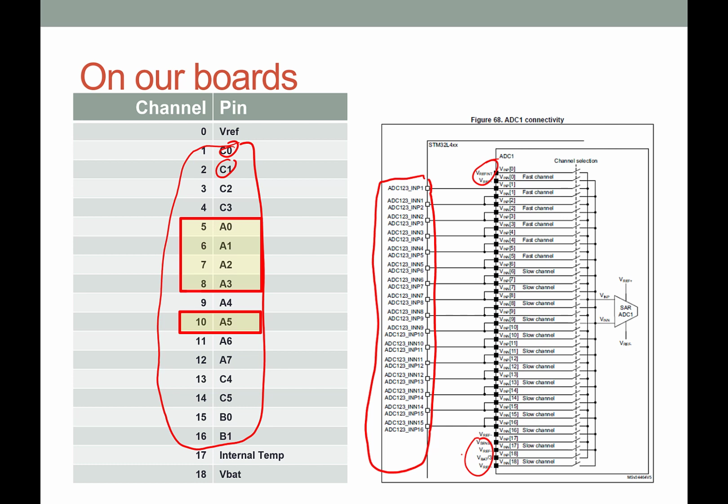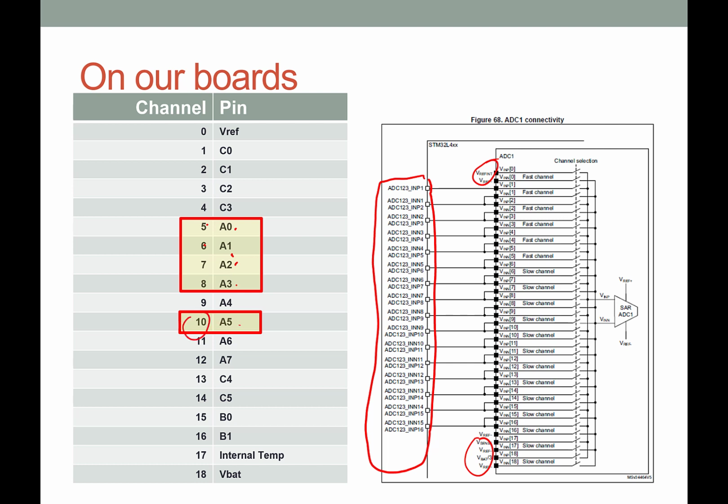But specifically highlighted in this box are our analog to digital converter 1 channels that are easily accessed by our pins on our board. So channels 5, 6, 7, and 8 of ADC1 are also tied to port A0, port A1, port A2, port A3, and then 10 is on port A5.